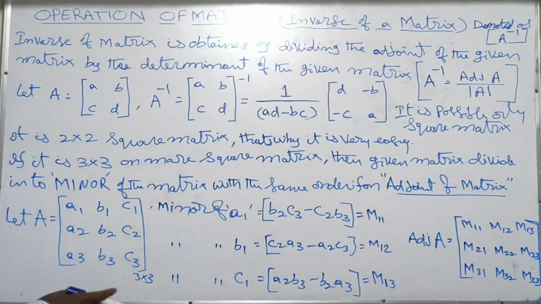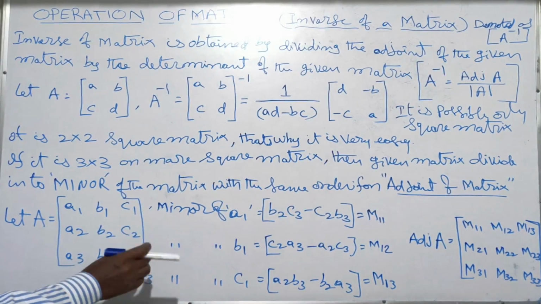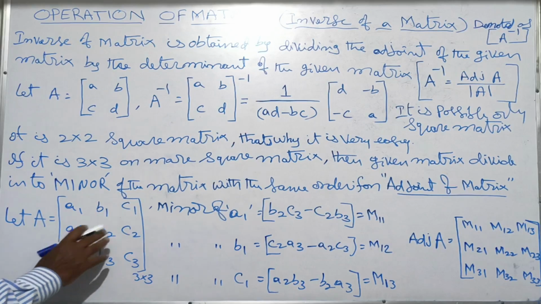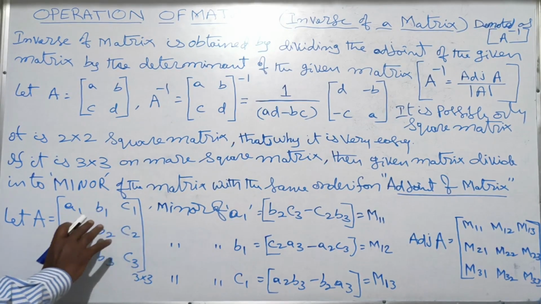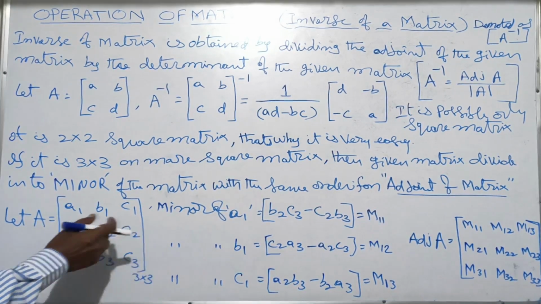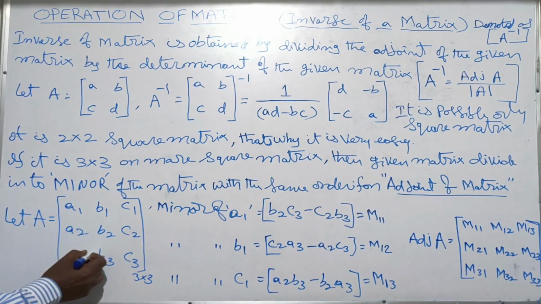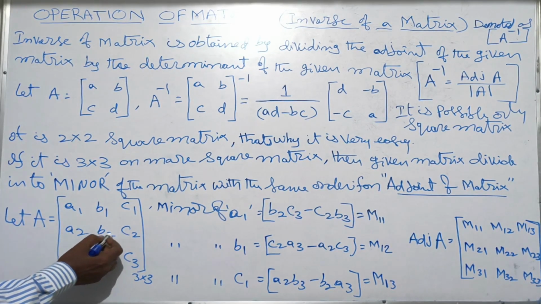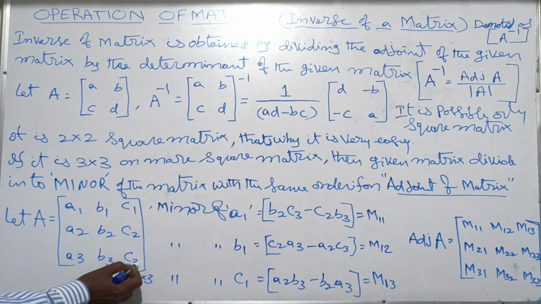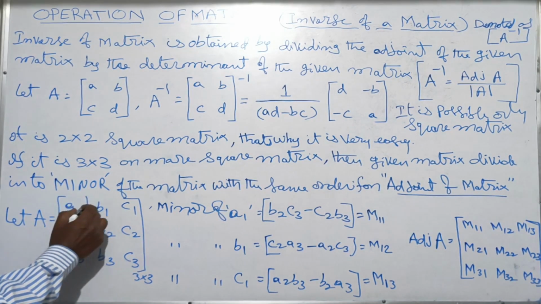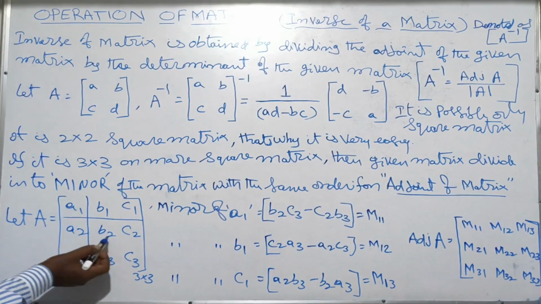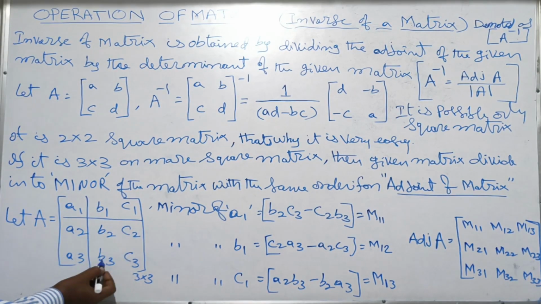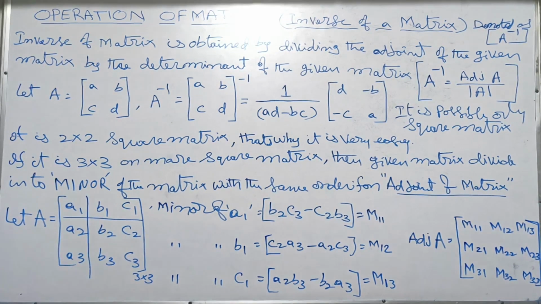Next, how to draw the minor or submatrix from the given matrix. We are dividing into the minor matrix. So that is the submatrix. For A1, this is the submatrix, that is the minor: B2, C2, B3, C3.